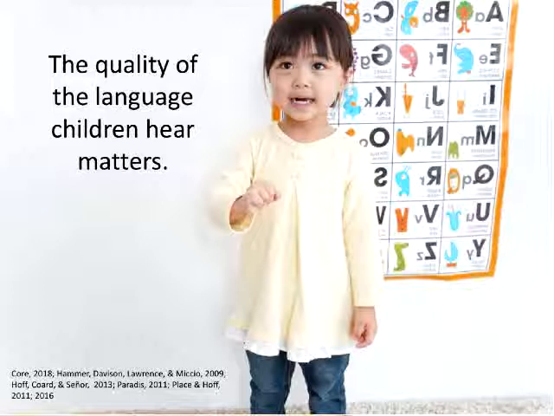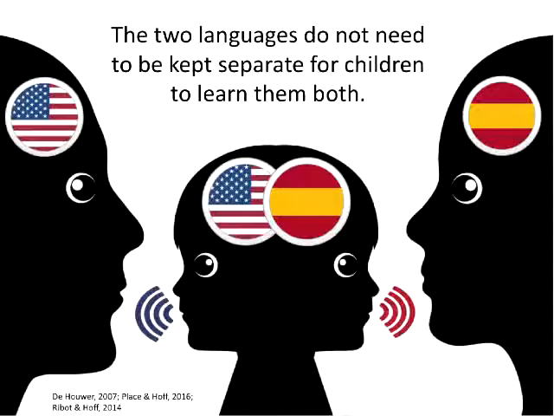And one of the ways that this matters is that when children hear input from a native speaker, that quality is higher than the input from a non-native speaker, whether that language is English or the parent's other language.